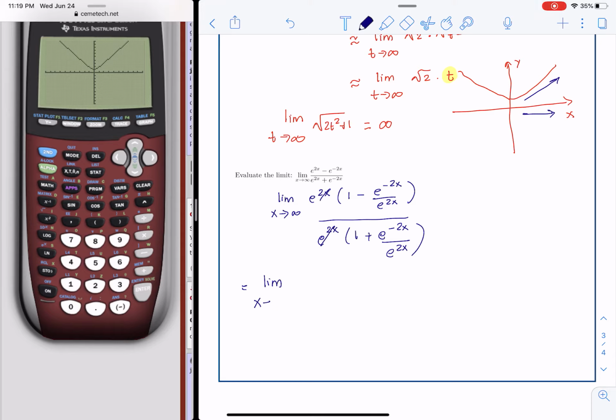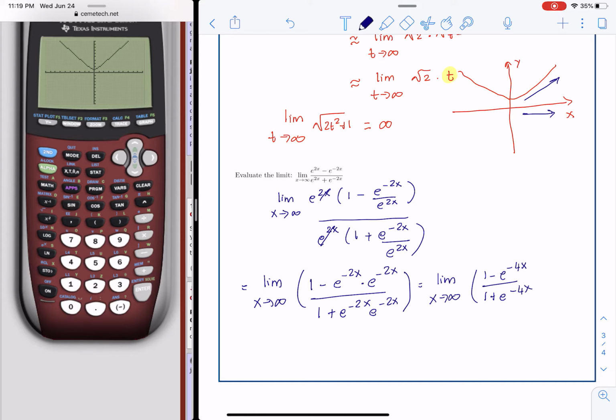Limit as x approaches infinity. I'm going to move the e raised to x to the numerator. It becomes e raised to negative 2x divided by 1 plus e raised to negative 2x times e raised to negative 2x. So the limit as x approaches infinity of 1 minus e raised to negative 4x divided by 1 plus e raised to negative 4x.